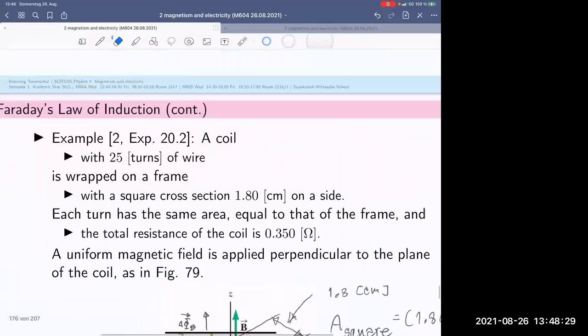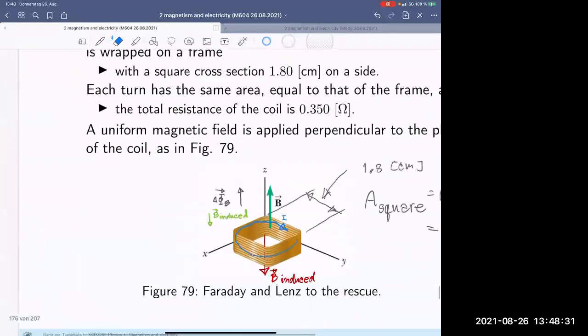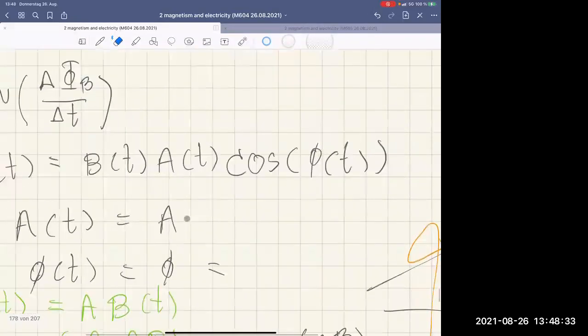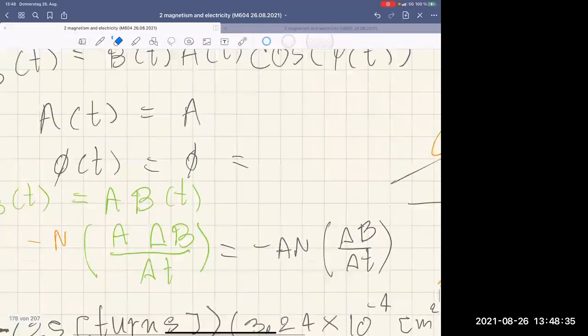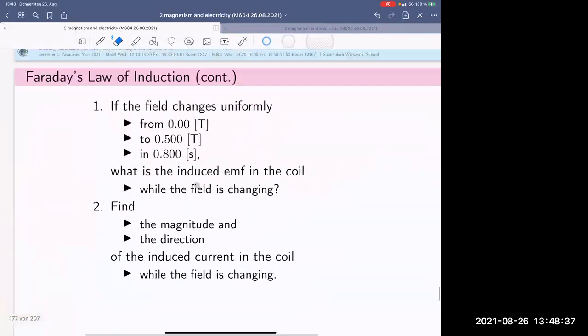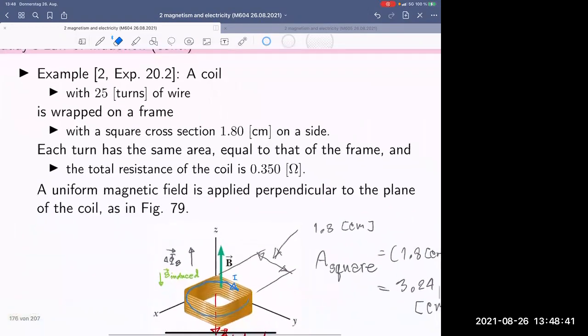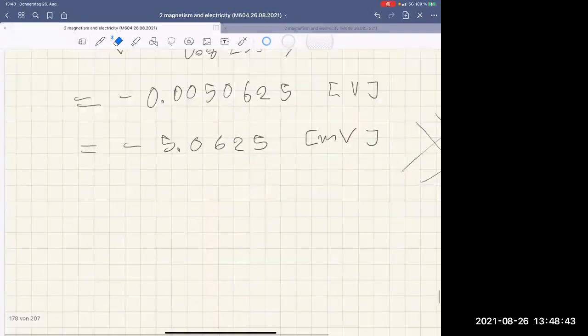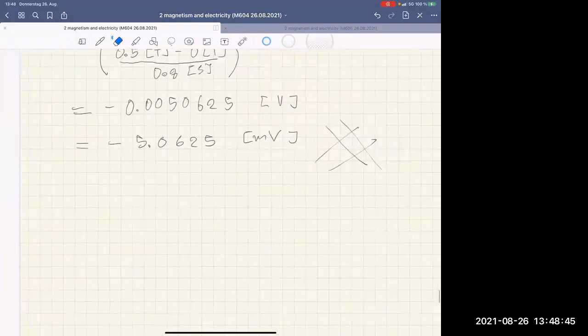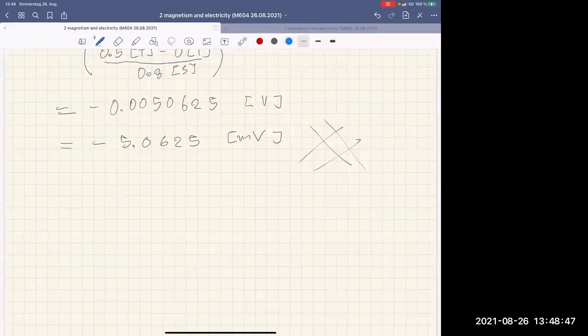And now let's go on to the induced current. It's not difficult because we know that the resistance of this one is 0.35, right? So we will divide. The current I will be the absolute value of EMF divided by R, which is V = IR actually.